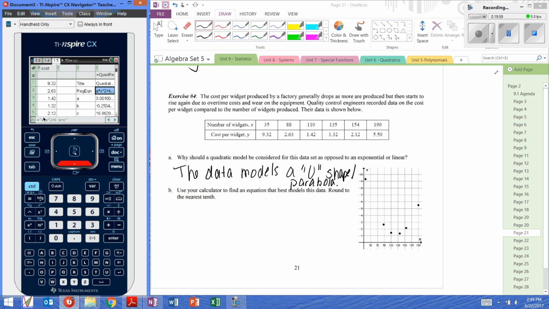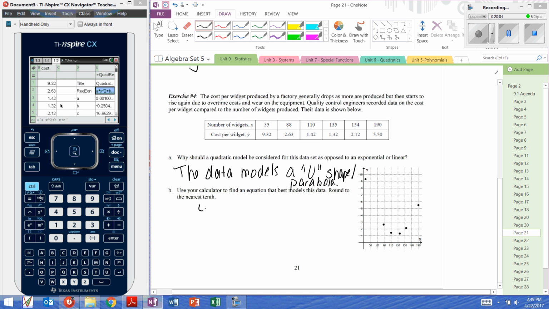Notice how it's cut off, but at the bottom it shows you what our equation is, and that's going to be y is equal to ax squared plus bx plus c. Okay, no surprise there. We have a quadratic equation, standard form.